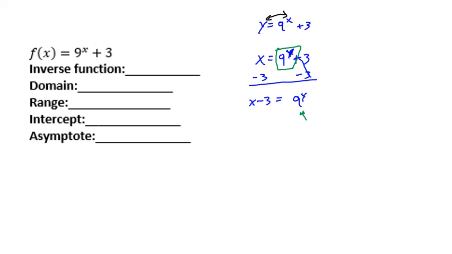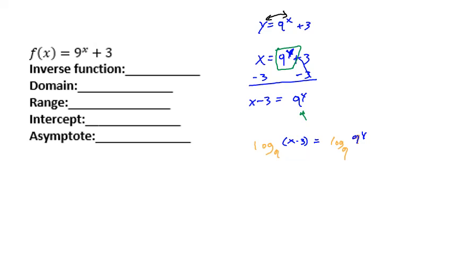So if we did the left side, log base 9 of what was already there, which is x minus 3, and then we did the same thing to the right side, log base 9 of 9 to the y, which was already there.